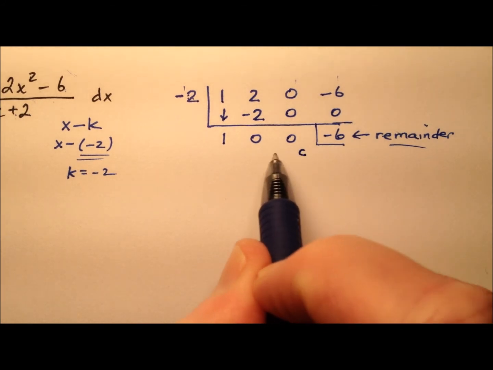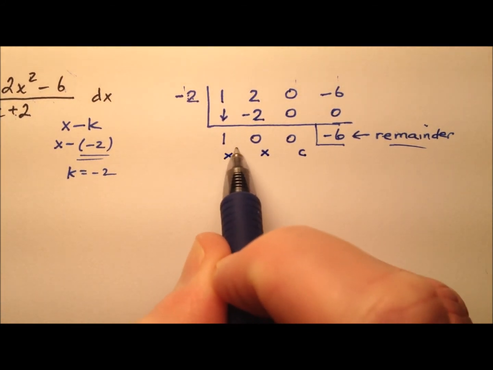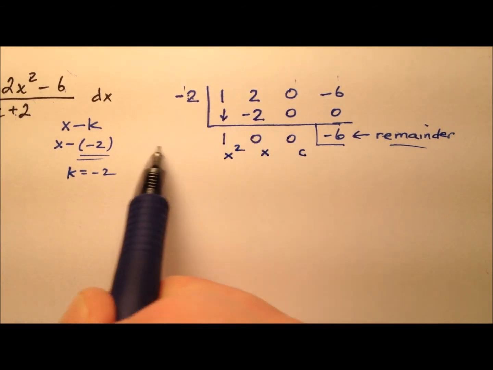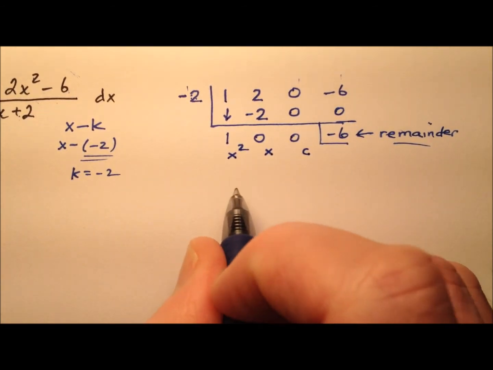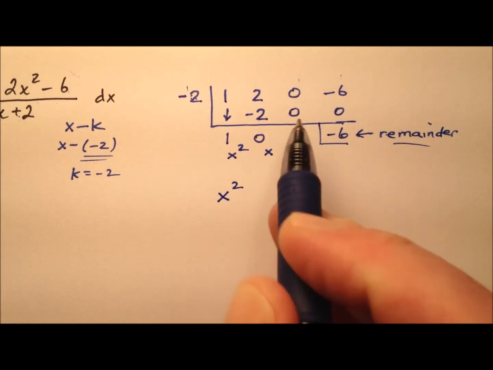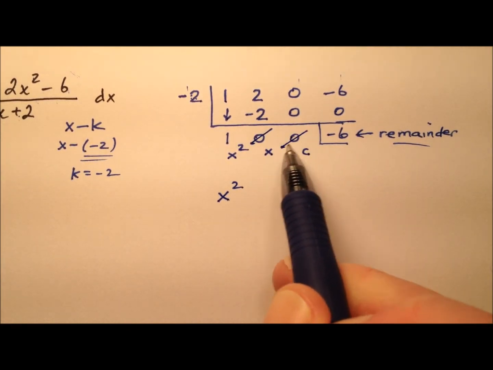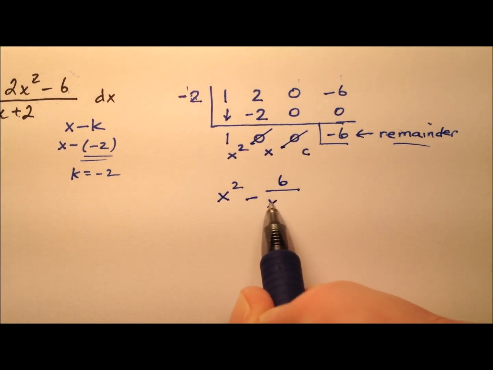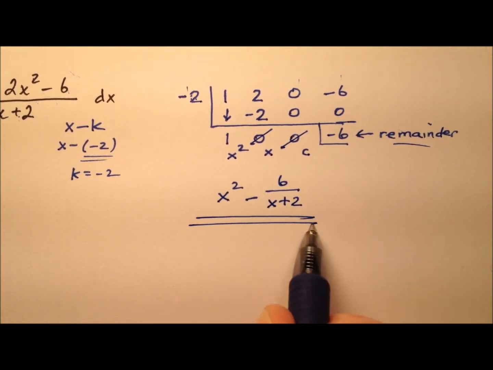So this is my constant, this is my linear term, this is my quadratic term. And I can also see that my quotient becomes x squared, that's a 0, that's a 0, so minus 6 over the divisor, which was x plus 2.